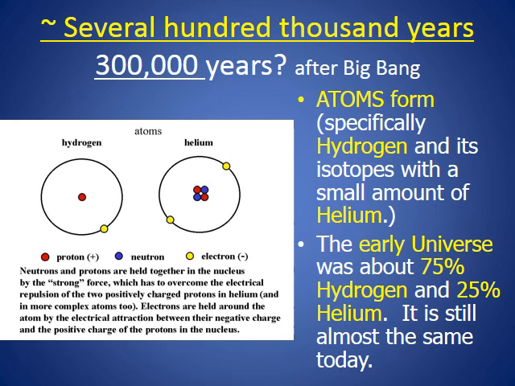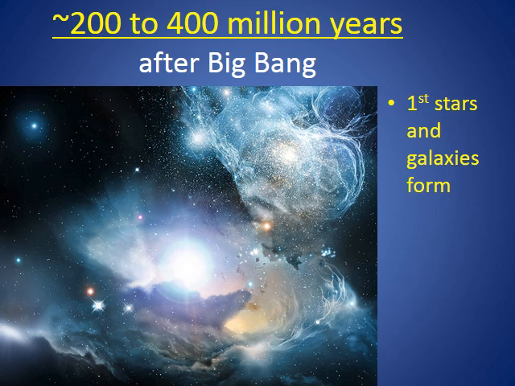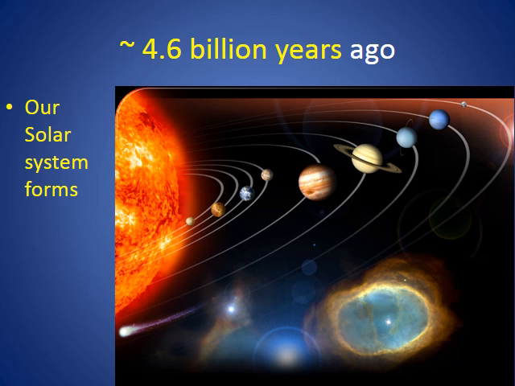So this early universe was about 75% hydrogen and 25% helium. 200 to 400 million years after the Big Bang, we're getting our stars and our galaxies. And then 4.6 billion years ago, our solar system forms.